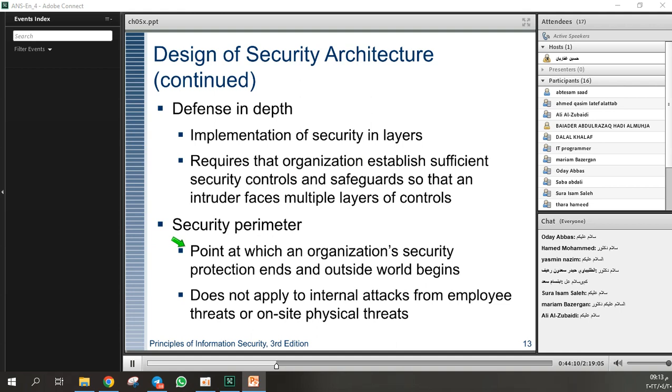When we are talking about security architecture, we need a security perimeter. What does it mean? A security perimeter is a border between my organization and the outside of my organization.